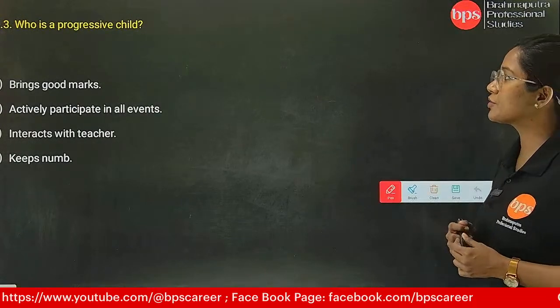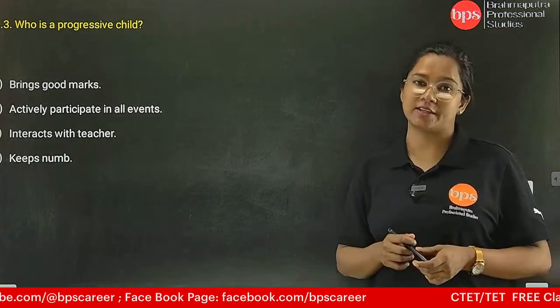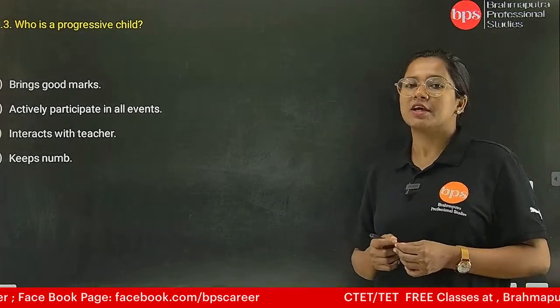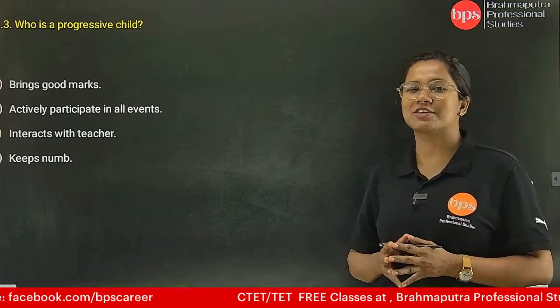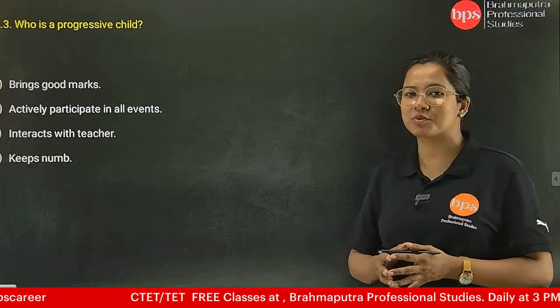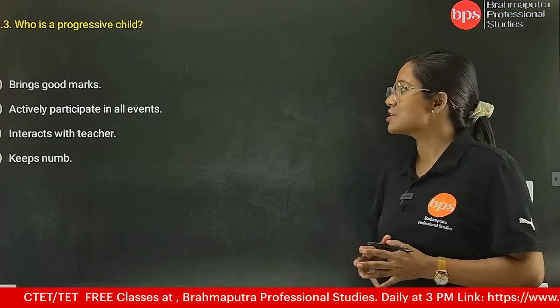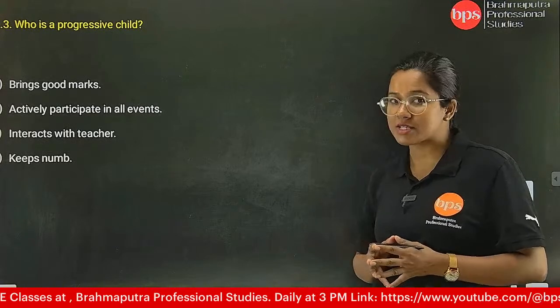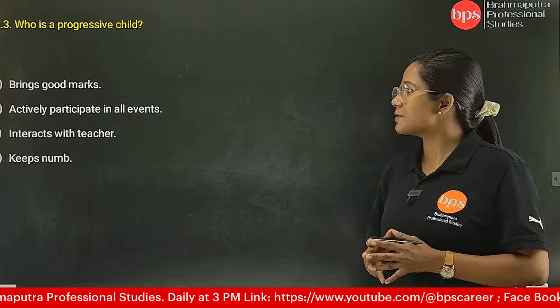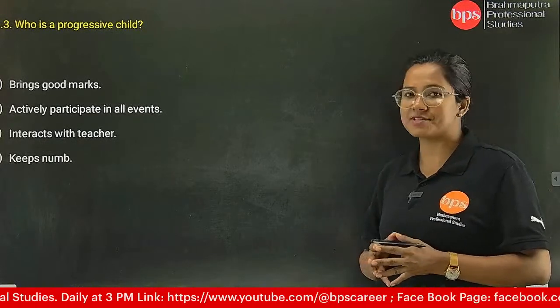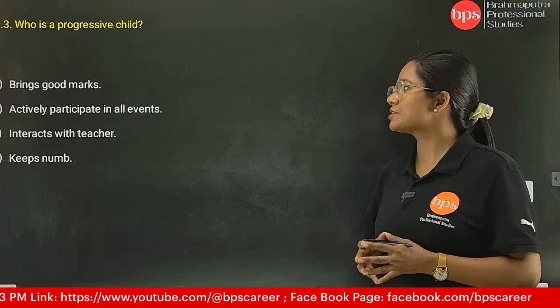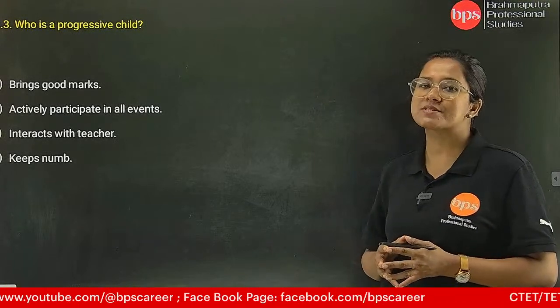In question number 3, who is a progressive child? Now here it is a kind of diplomatic question to identify who is actually a progressive child. The options: brings good marks, actively participates in all events, interacts with teacher, keeps numb.